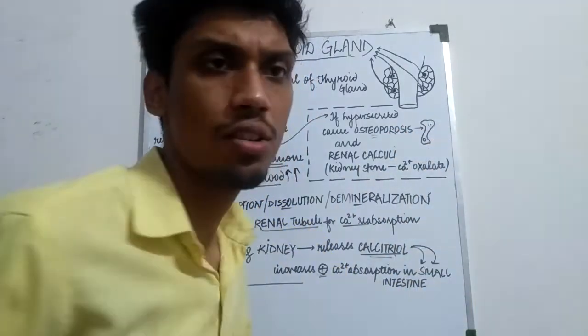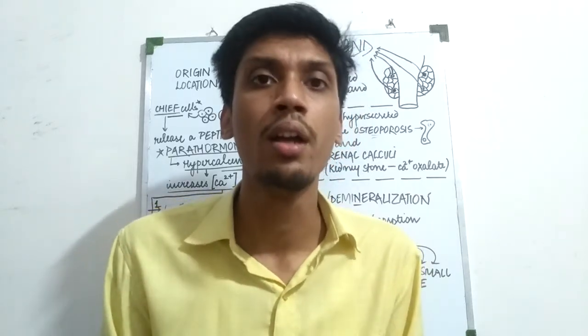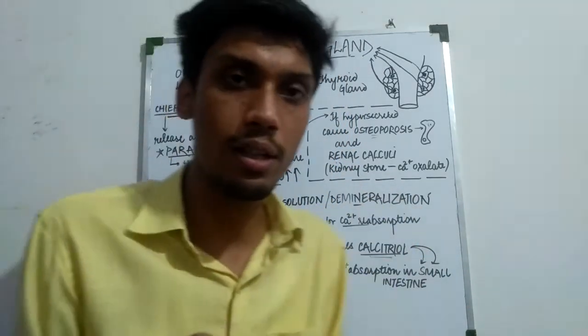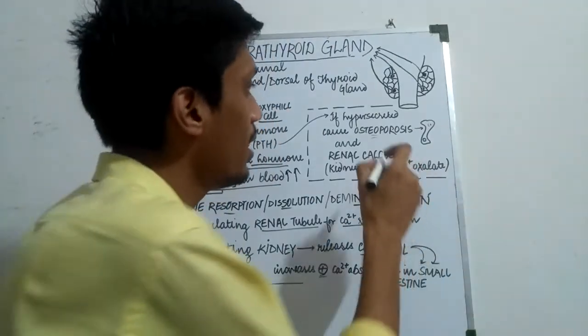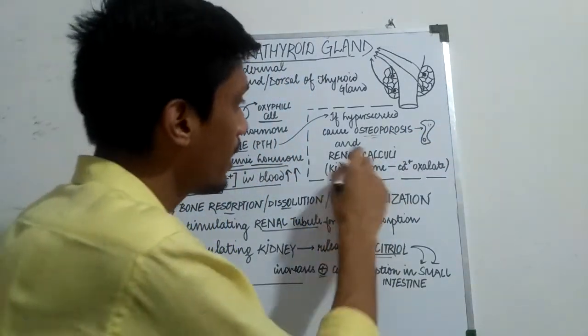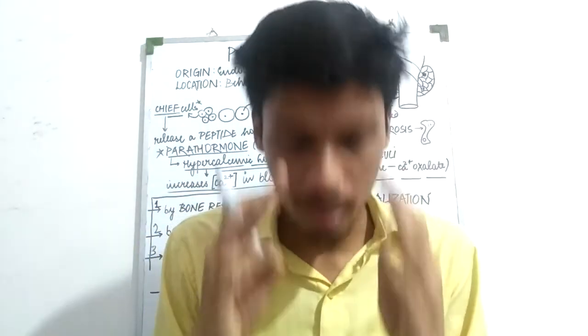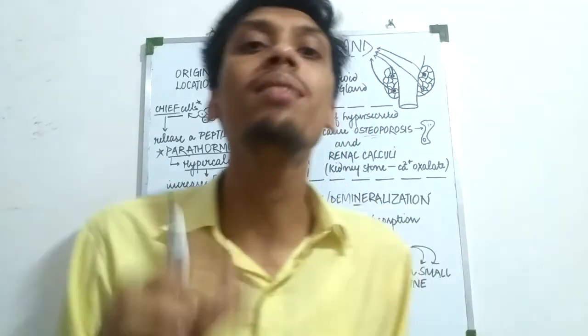This condition is called osteitis fibrosa cystica. None of your concern, but you should know it. Majorly this disorder is known as osteoporosis. The second one is renal calculi. Again, don't get too involved in the name. Renal means kidney, calculi means stones.